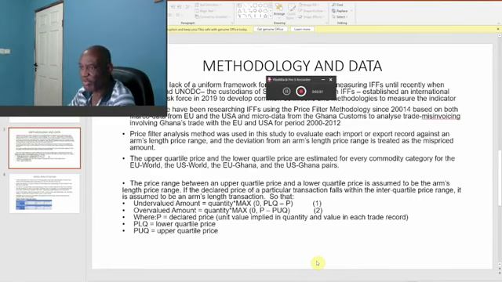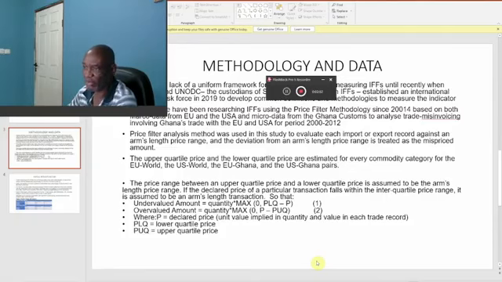The price range between the upper quintile price and the lower quintile price is assumed to be the arm's length price range. If the declared price of a particular transaction falls within the interquintile price range, it's assumed to be within the arm's length transaction.